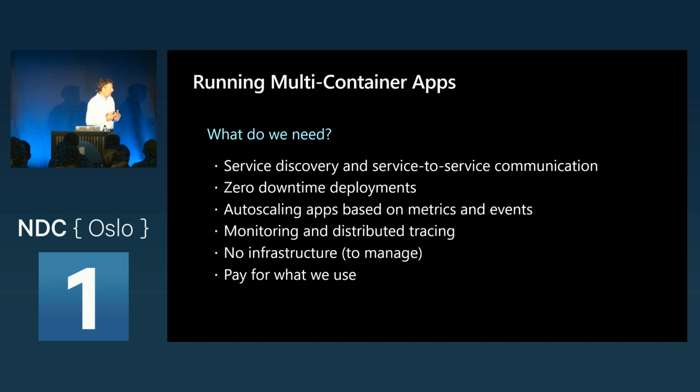You also want to have a way to do deployments without causing a lot of downtime, which is one of the obvious benefits of doing microservices: to be able to deploy individual services without deploying the whole system. So you want to be able to deploy fast many times. That also means that you don't want to have downtime.